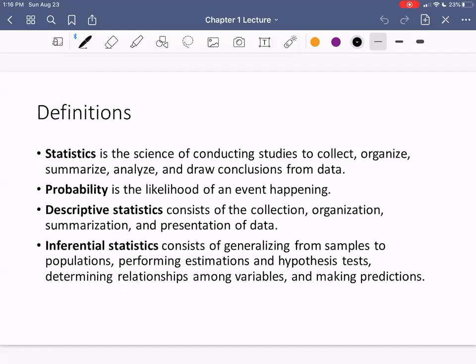Inferential statistics are using predictions, basically. Predictions based off of maybe statistics that we've drawn. So maybe data that you've collected, and then you use inferential statistics to make predictions about what's coming up ahead, or maybe what has happened because of this. But the main thing is this key right here: it is making predictions.